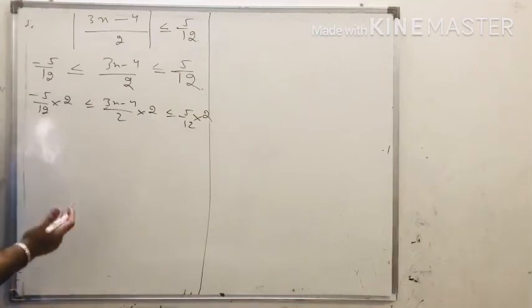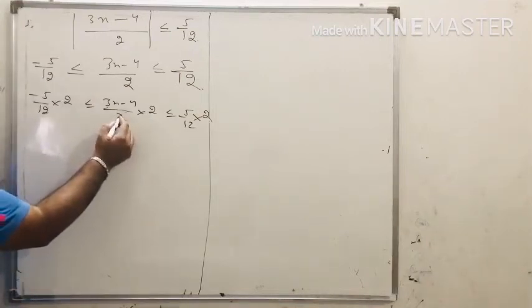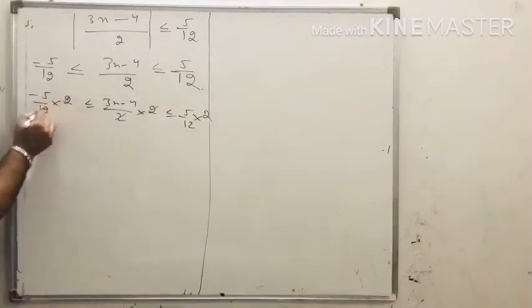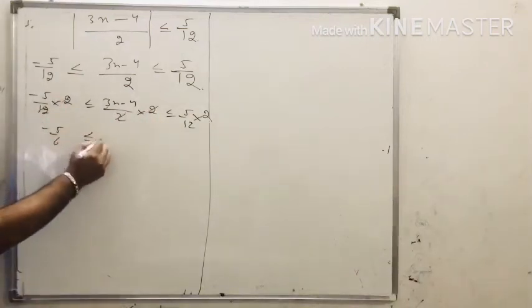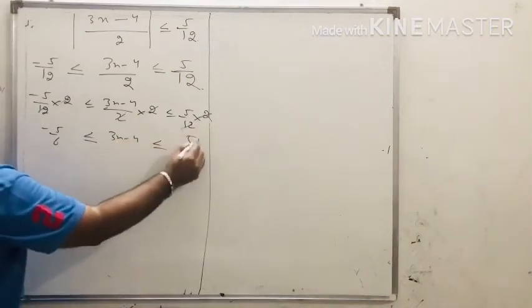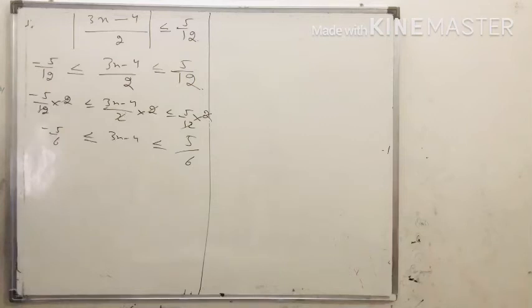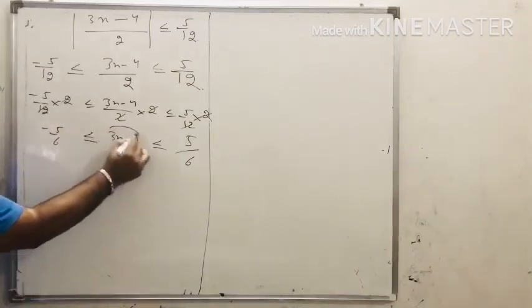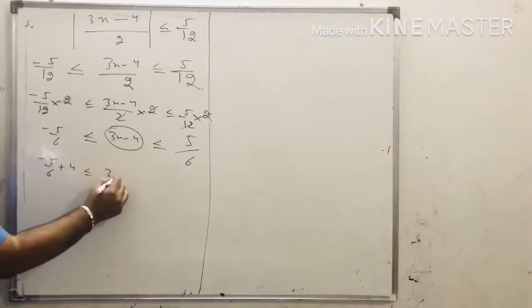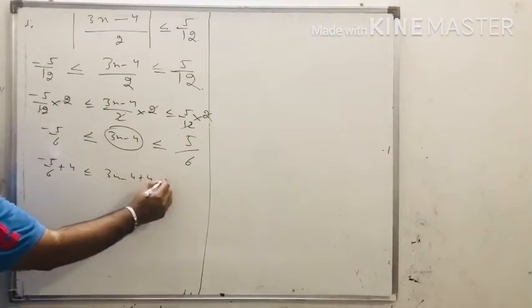So why do we multiply by 2? Because this 2 cancels with this 2. So minus 5 upon 6 less than or equal to 3x minus 4 less than or equal to 5 upon 6. Now we have to find the value of x. So we add 4 in all the intervals.